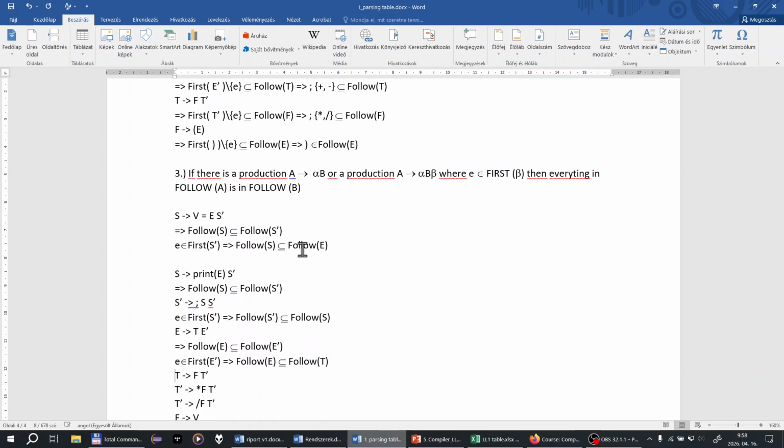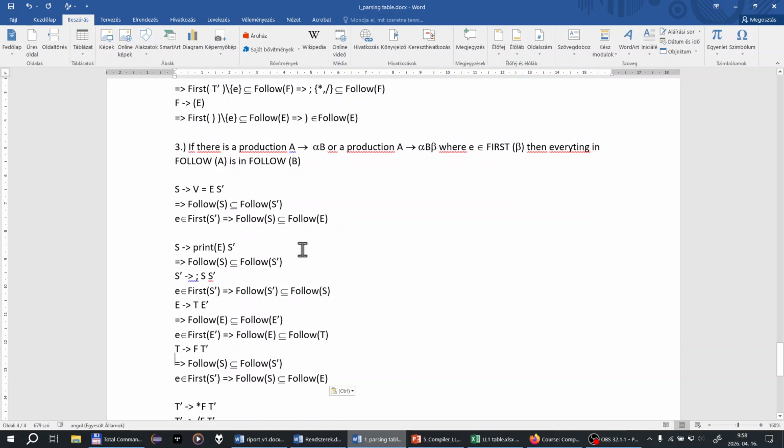Okay, the same for these, and here we have follow T as a subset of follow T prime, and since empty is an element of first T prime, follow T is a subset of follow F as well.